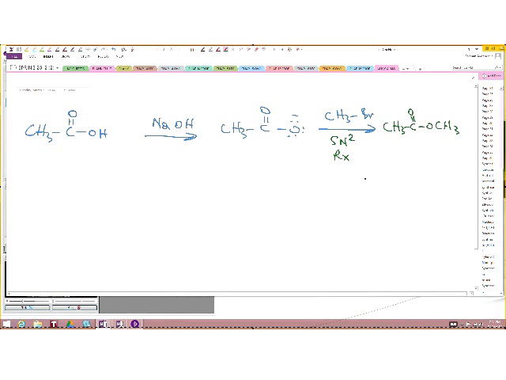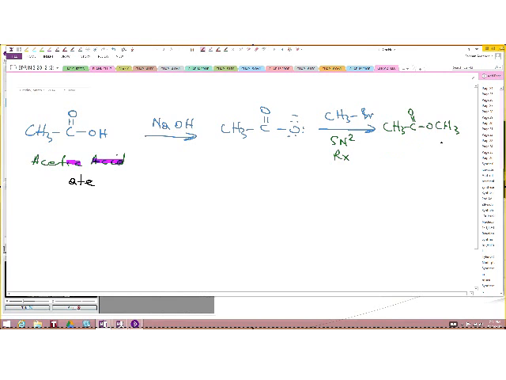To name this, the name comes from the corresponding carboxylic acid. The carboxylic acid here is acetic acid. To name the ester, you remove the ic and the word acid, and you replace with ate.